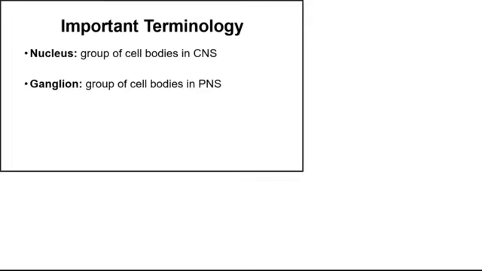So in the central nervous system, that group of cell bodies would be called a nucleus, which of course is also the name of a part of a cell, but hopefully by context we'll keep those separate. We can also talk about groups of cell bodies in the peripheral nervous system as ganglion.